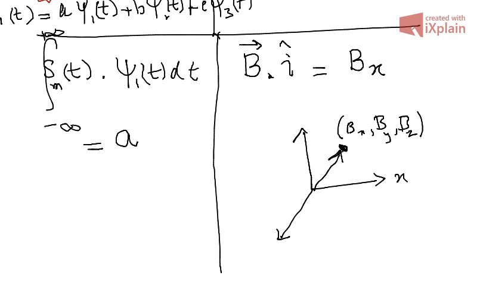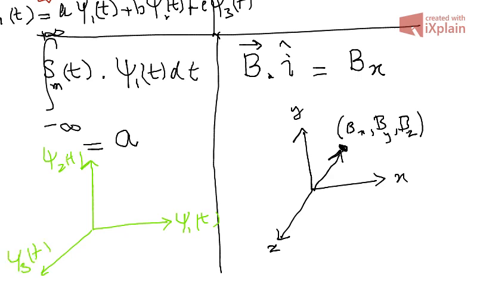You have x, you have y, and you have z. Similarly, we can define our signal in three-dimensional space, and we can say we have a three-dimensional signal space, and we have psi 1 here, psi 2, and psi 3.